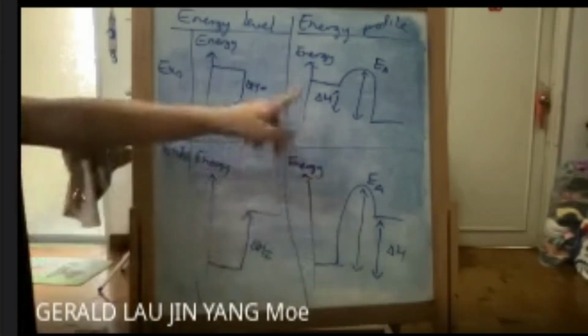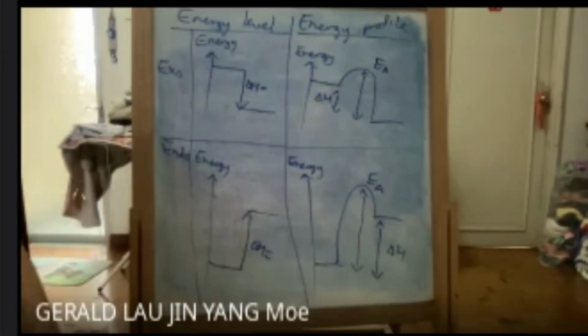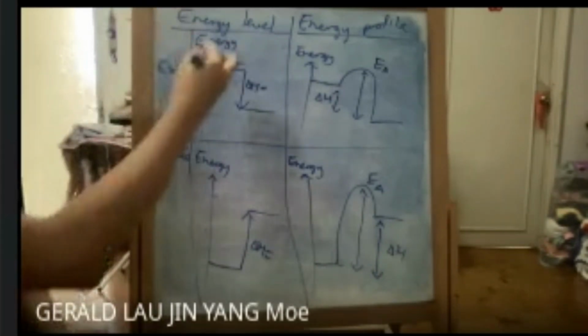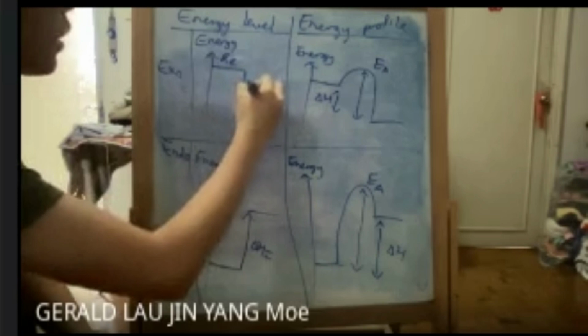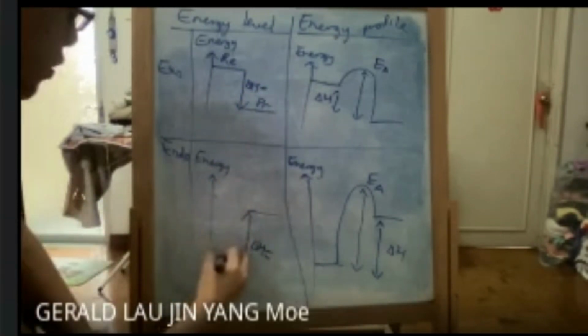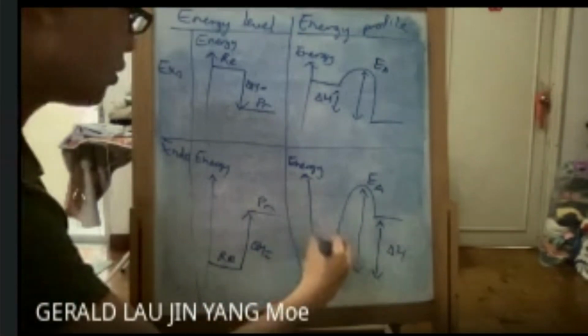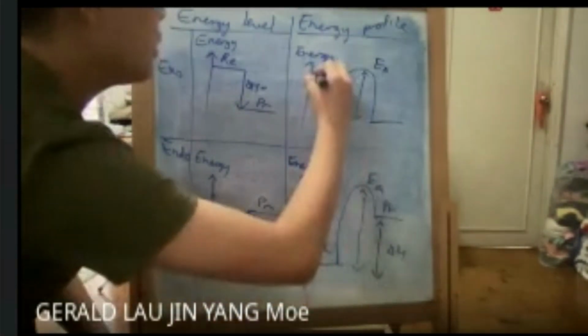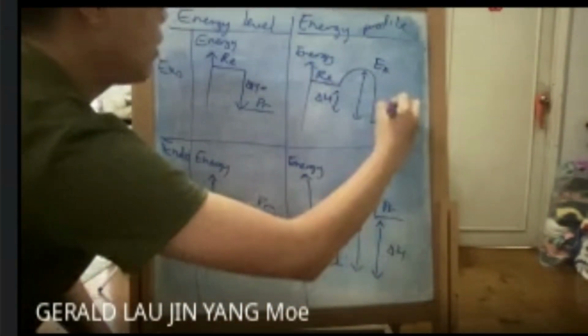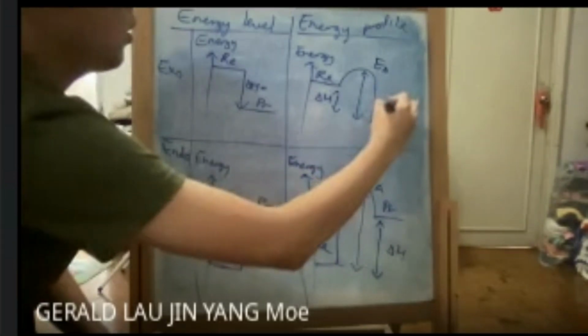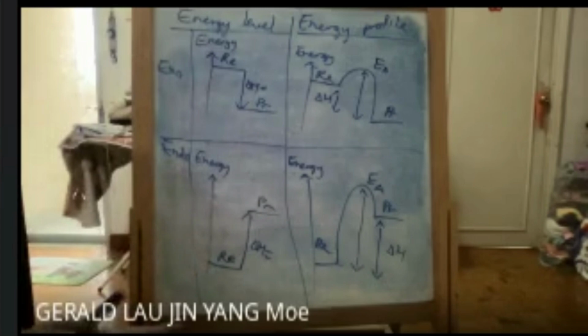Then remember to write your reactants and product. So that's all for the diagram, for the graph.